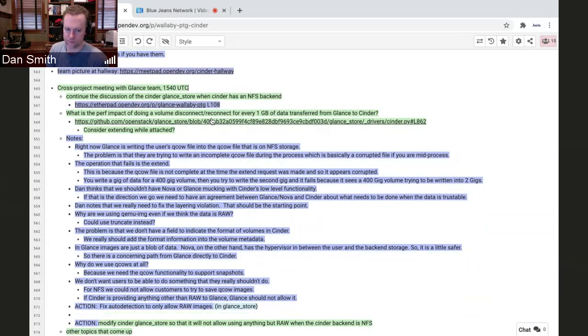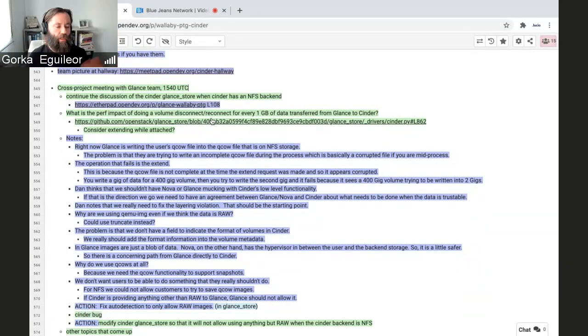Yeah, and we can leave for a later conversation if we should remove the restriction on the Glance store and support QCOW2 and come back to it and say, okay, what would it look like? Maybe do a POC and confirm everything works. Yeah, we can revisit it afterwards.